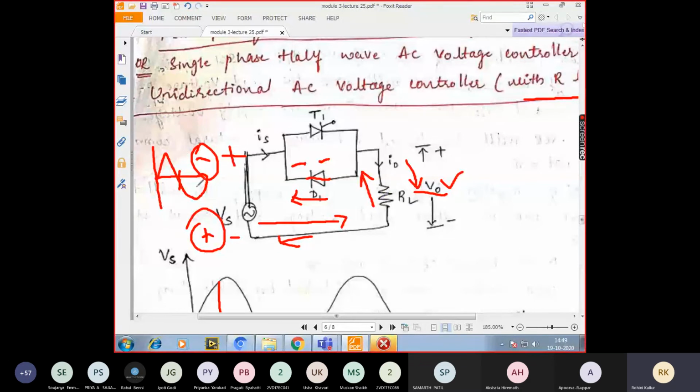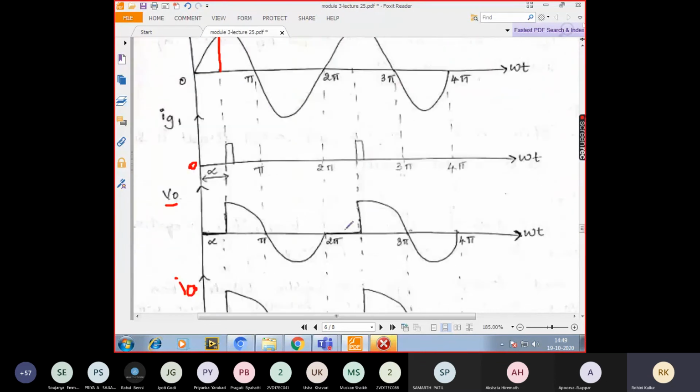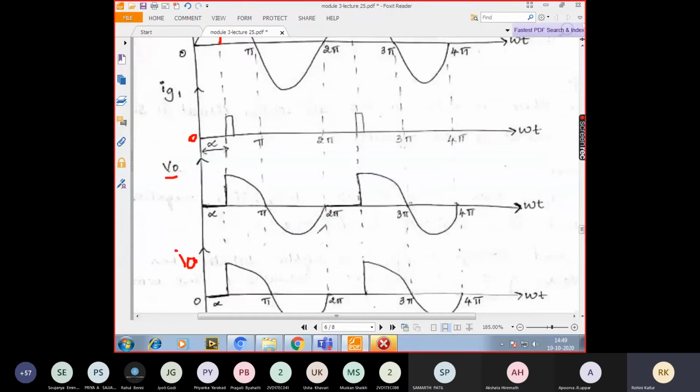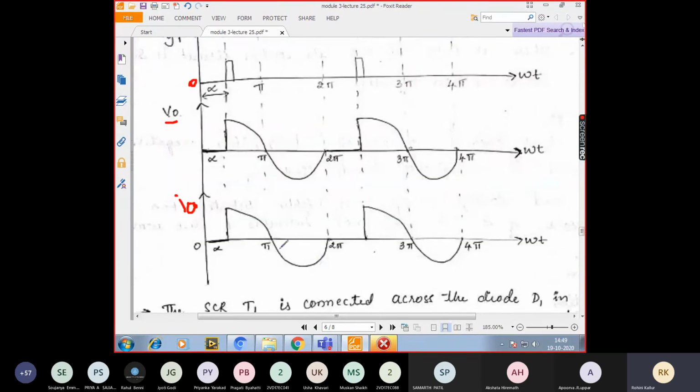So whatever input voltage is in the negative half cycle appears across the load as the output voltage. The entire negative half cycle appears in the output voltage as well as the output current.